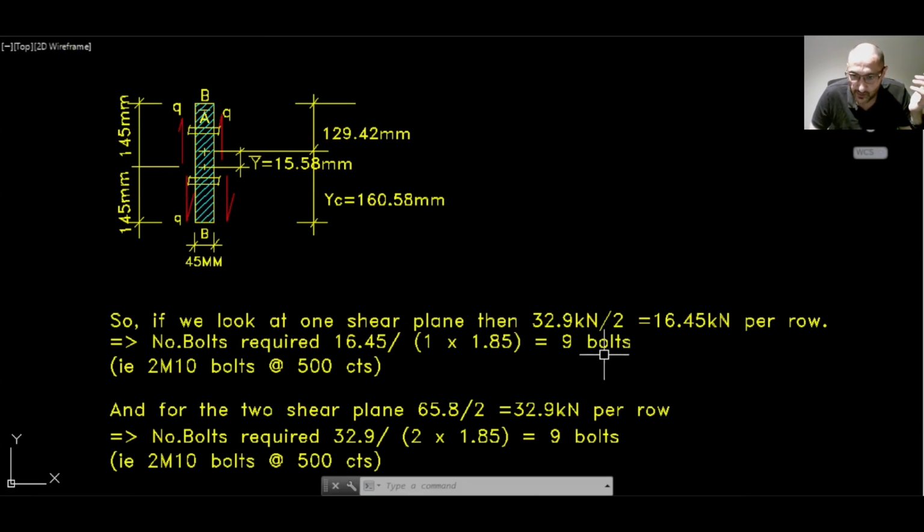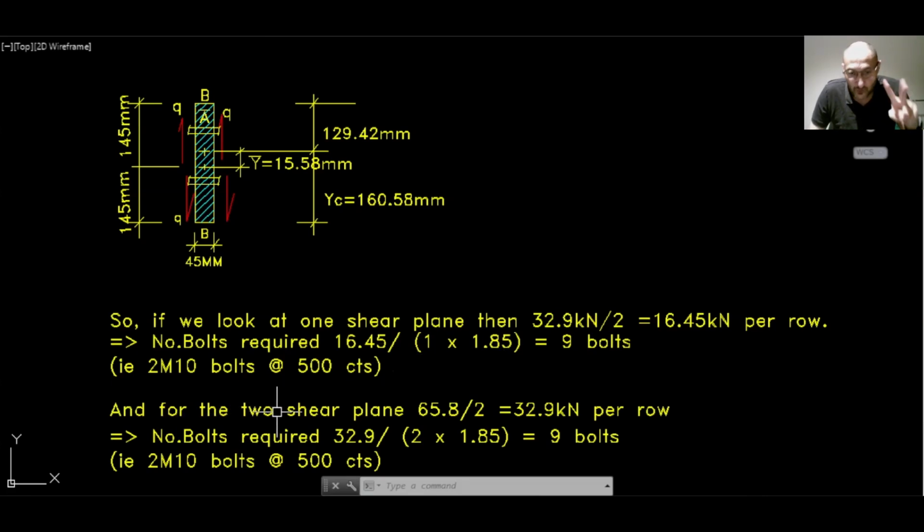We'll have 32.9 divided by 2 rows of bolts, and that's 16.45 per row, and the number of bolts required will be 16.45 divided by 1 multiplied by 1.85. Why do we put 1 there? Well, because it's one shear plane, because it's going to shear only in one location, and that would be 9 bolts. So that's equivalent to having 2 M10 bolts at 500 centers.